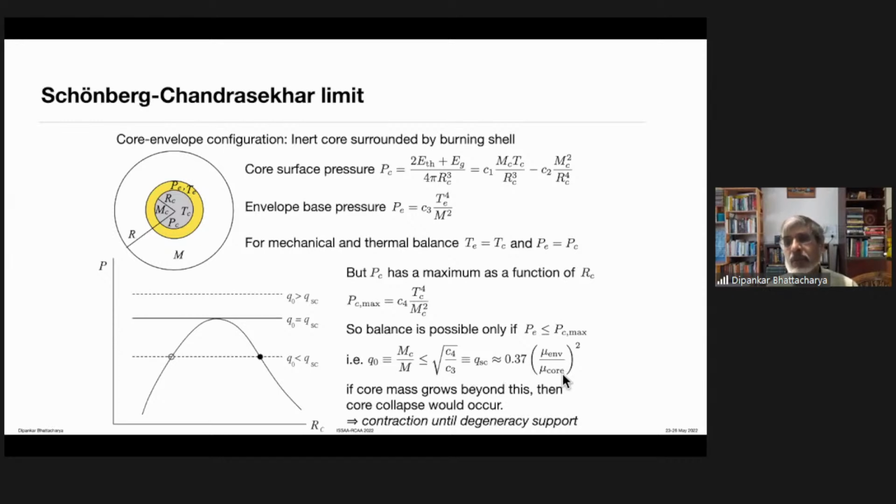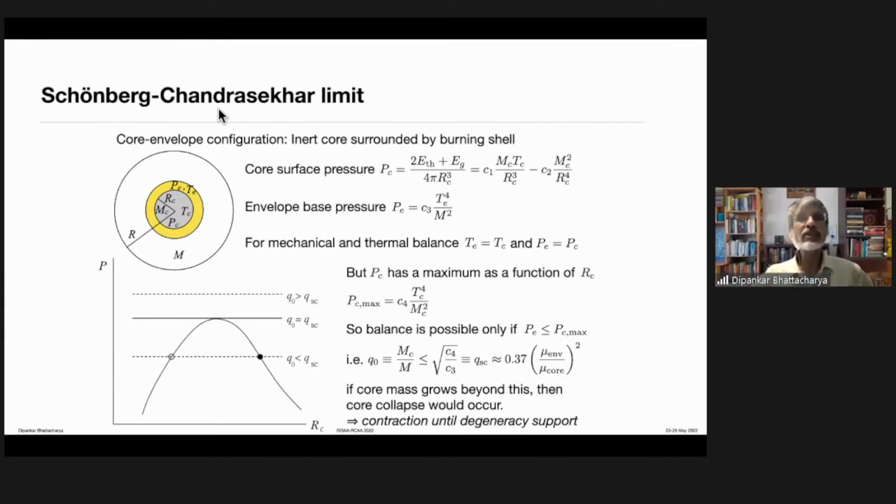Typically, mu core will be about twice mu envelope. So this is a factor roughly about 10%. So this limit goes by the name Schoenberg-Chandrasekhar. This is not to be confused with the Chandrasekhar limit for degeneracy pressure supported configuration.